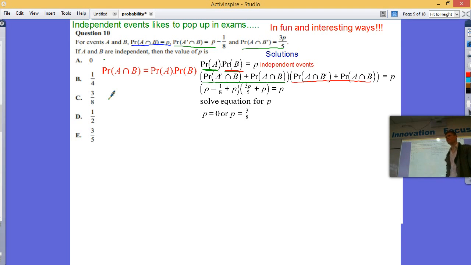What do you think? Well, intuitively, I think 3 over 8 is more correct. Why?